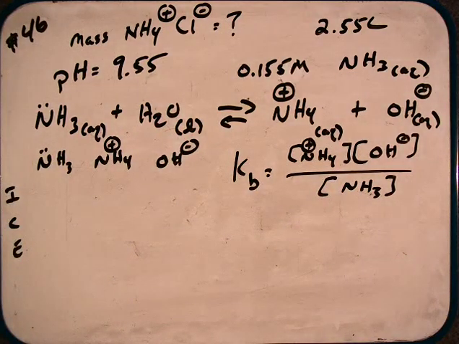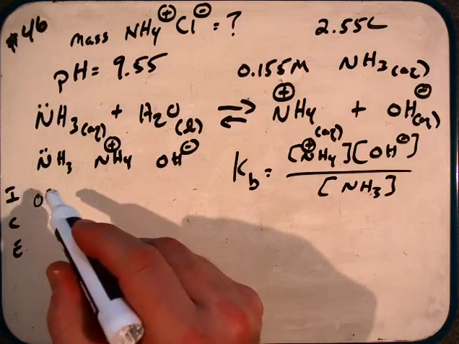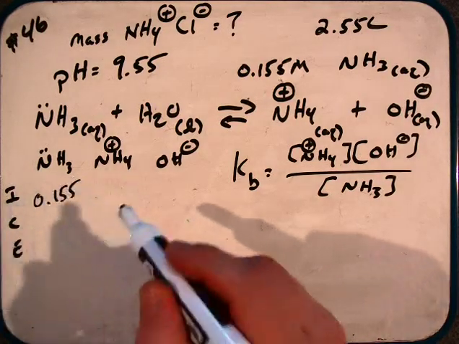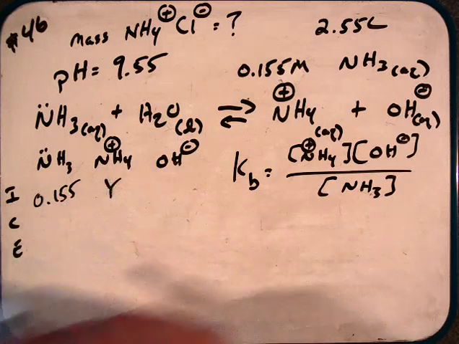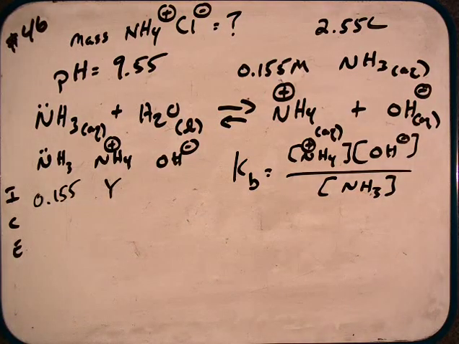Here we're really looking for an initial concentration. We know our NH3 concentration is 0.155, but what we want to know is that. We want to know y, the initial concentration of our NH4 plus, so we can then figure out the mass.